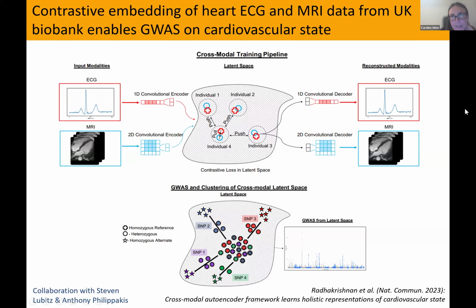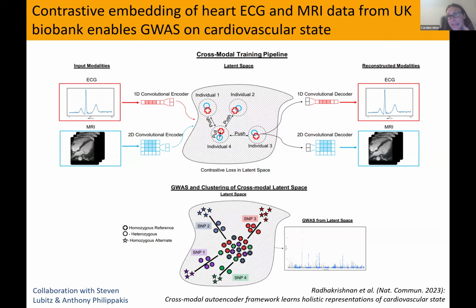And you have a reconstruction loss where your ECG, and of course now this is a completely different modality, you'll have completely different encoder and decoder architectures than what we had before on the cellular levels. So you'll have a reconstruction loss for ECGs and for MRIs. And then you have this beautiful latent space, which has one data point, or you can have two for the different modalities, but usually we'll just say one data point for each one of the individuals.